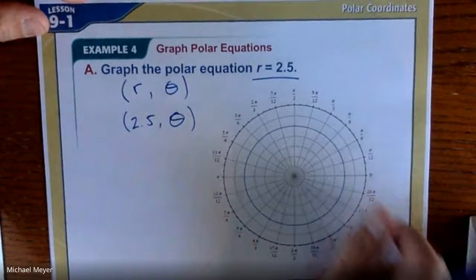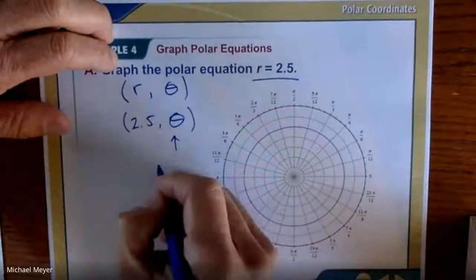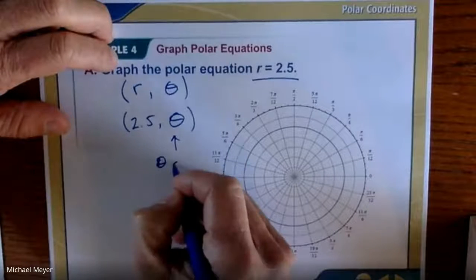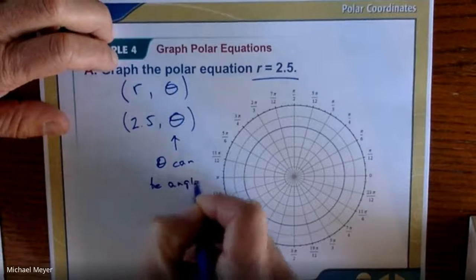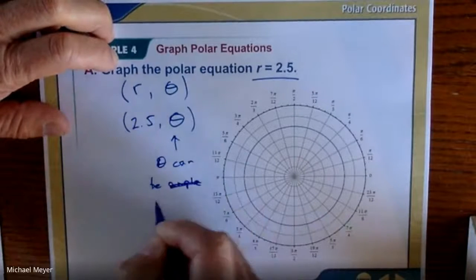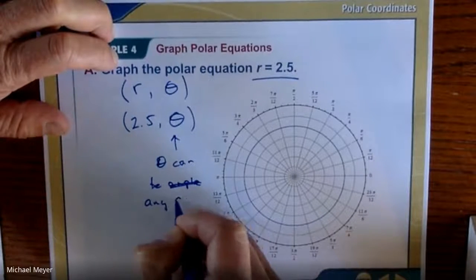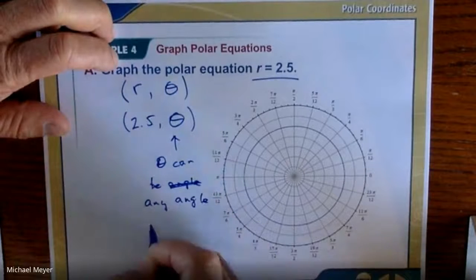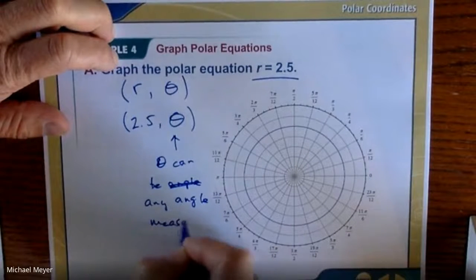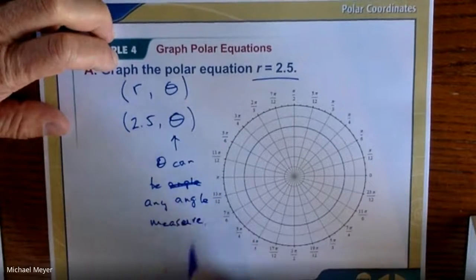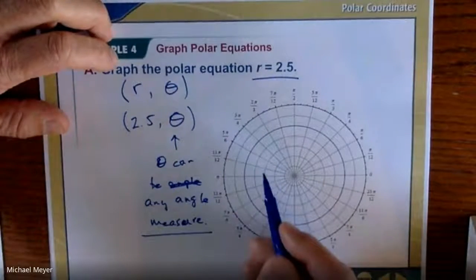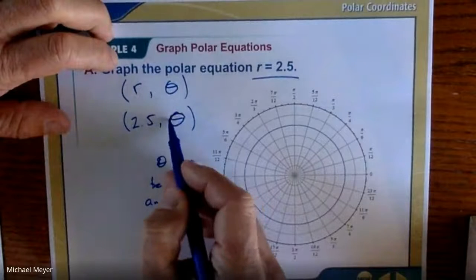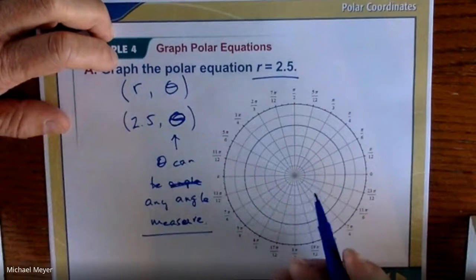So what I would interpret this as is that theta can be any angle measure, right? So if I have a radius of 2.5, theta, the angle, can be anything.